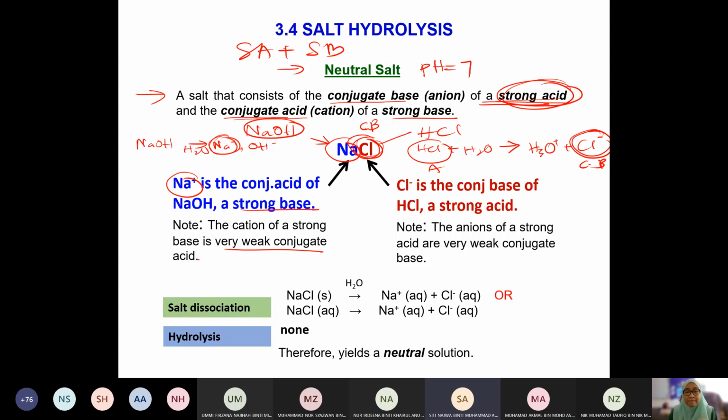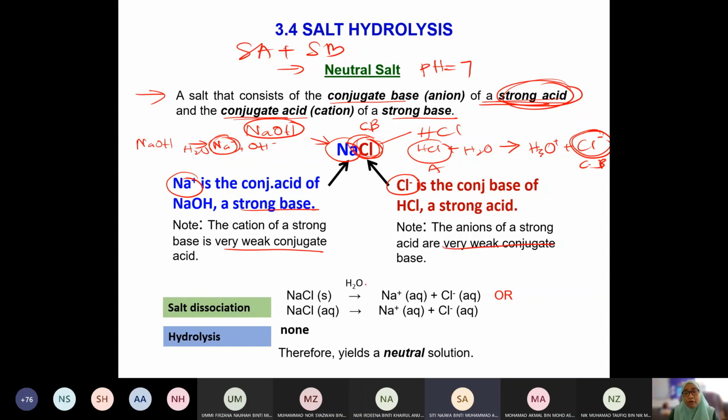Very weak means it will not react with water to produce OH minus or H3O plus. Same goes for Cl minus. Even though it comes from HCl, which is a strong acid, the conjugate base is a very, very weak conjugate base.